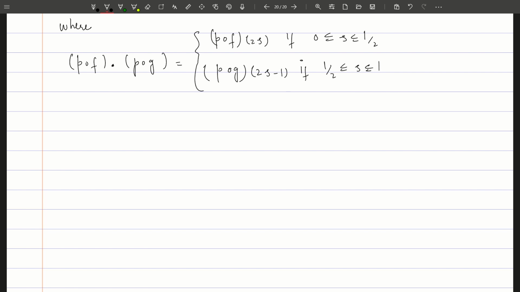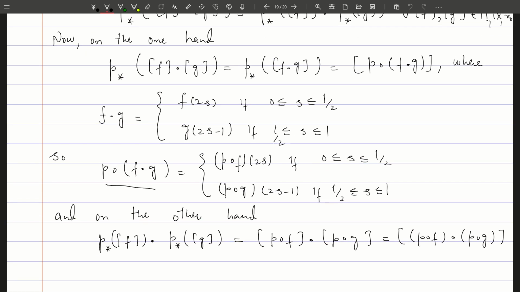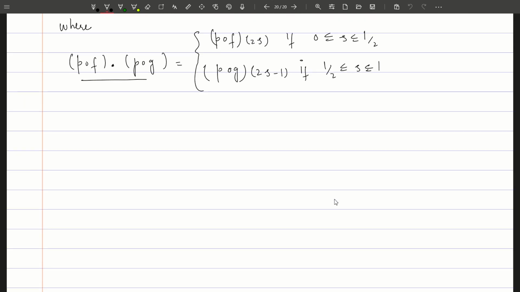So one can look that this map and the map which we defined above, they are the same maps, so hence their homotopy classes are going to be same.